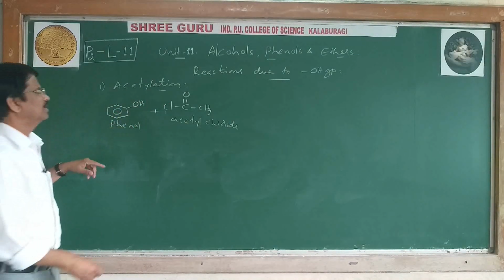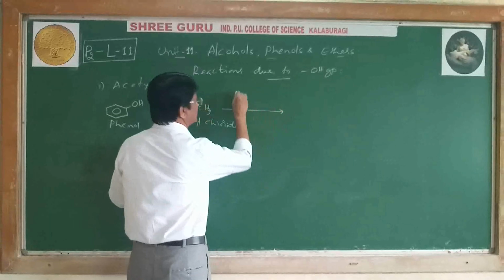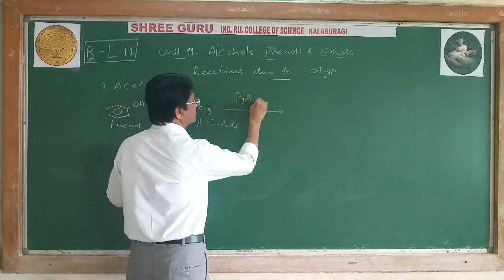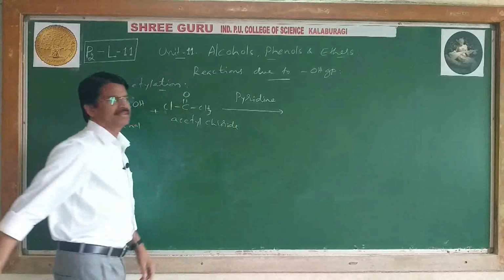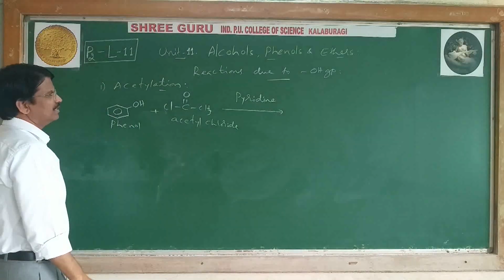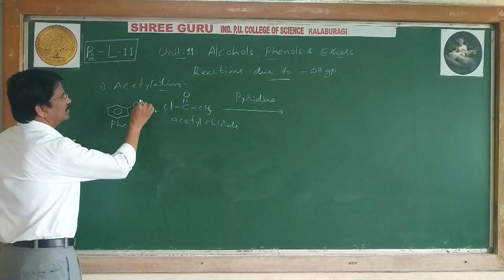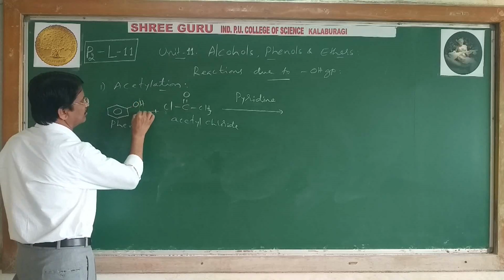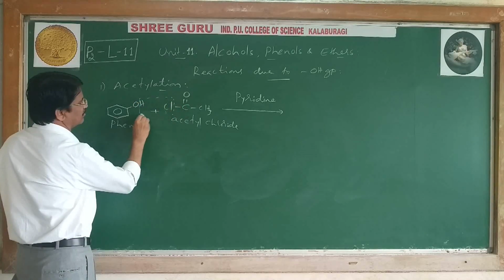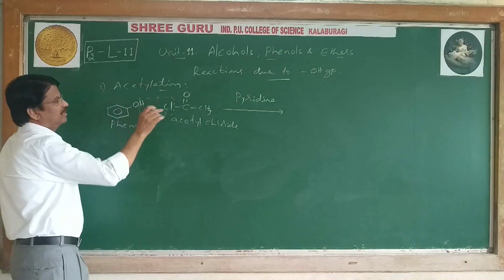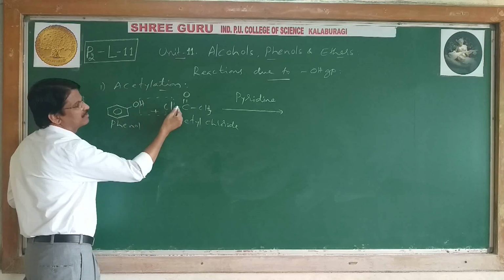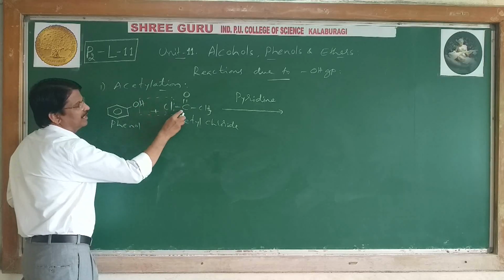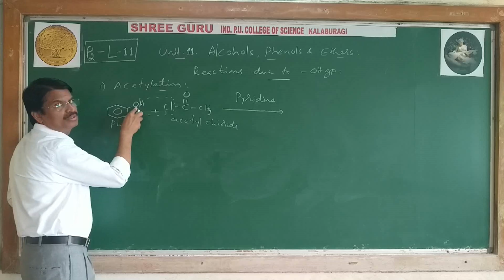But if it is acetyl chloride, then in the presence of pyridine catalyst, removal of HCl occurs, H plus Cl minus, this bond shifts here, and the positive charge goes to the negative.